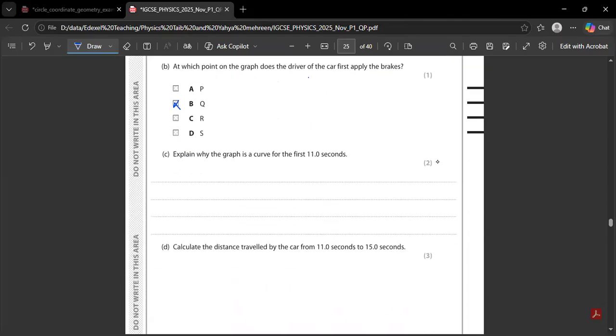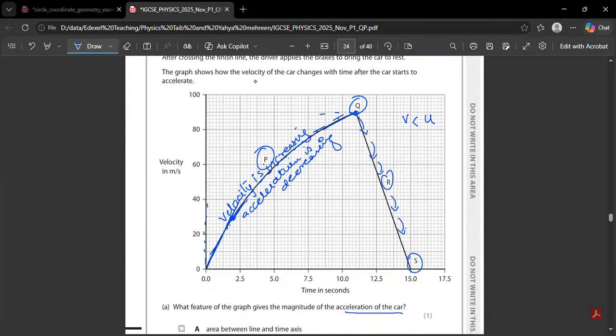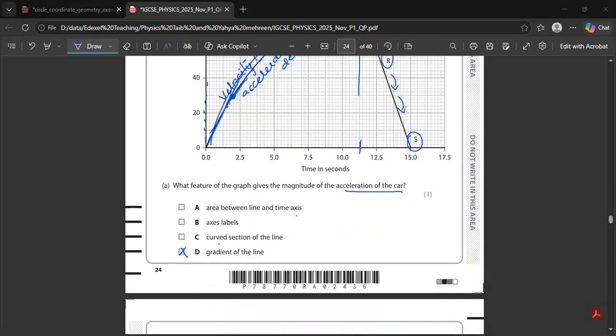Okay. Explain why the graph is curved for the first 11 seconds. For the first 11 seconds, the graph is curved. Because if you constantly increase your speed, the air resistance would also increase.